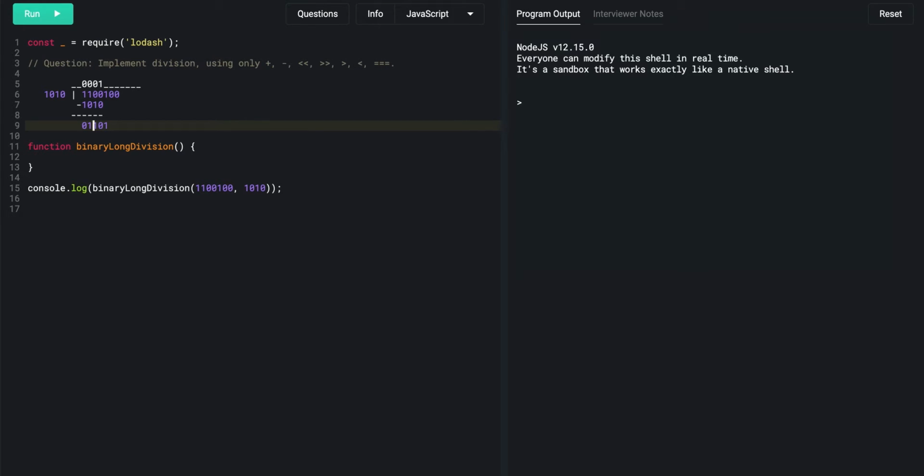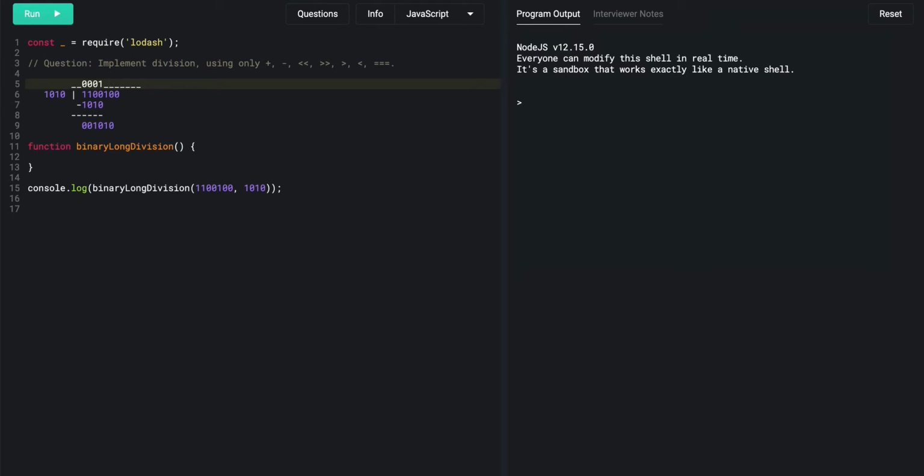We would have to take the 1 from here and turn this into a 2. 2 minus 1 is 1, so then we get 1, 0, 1. So that should be right. Then we would bring down the 0th place here, and then do the whole process all over again.